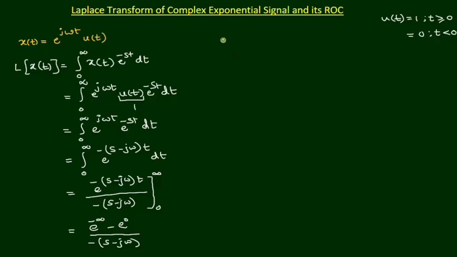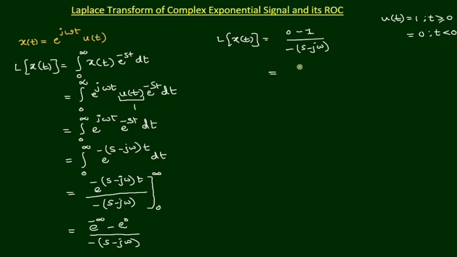We further simplify it as the Laplace transform of x of t equals e power minus infinity, which is 0, and e power 0 is 1. So we write 0 minus 1 divided by minus of s minus j omega.